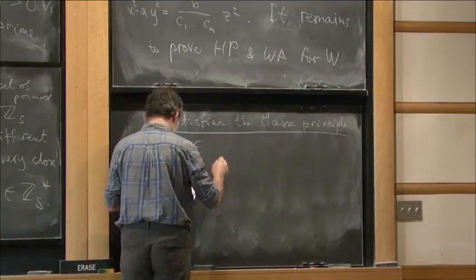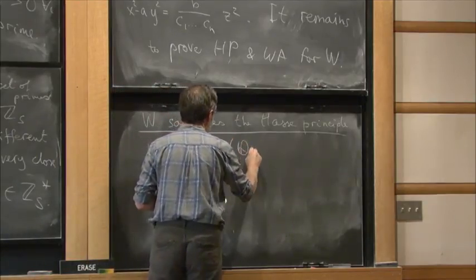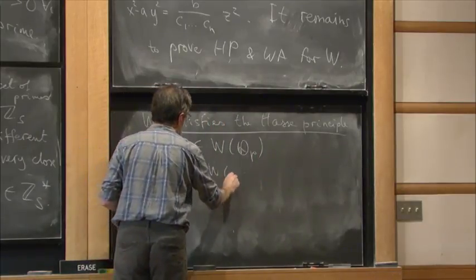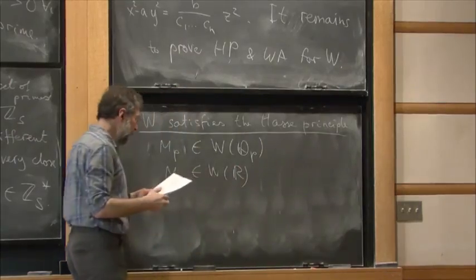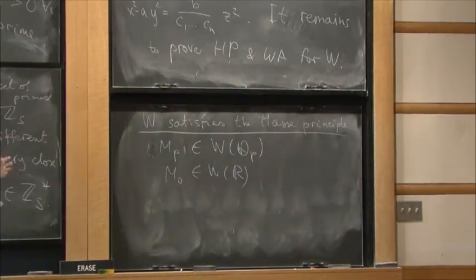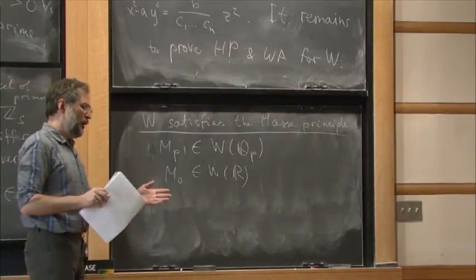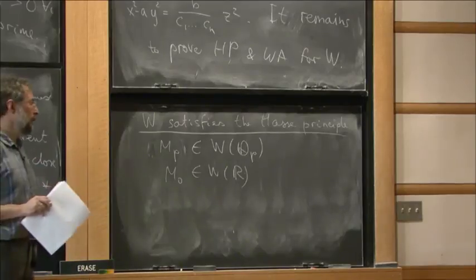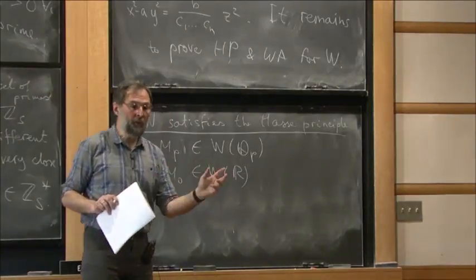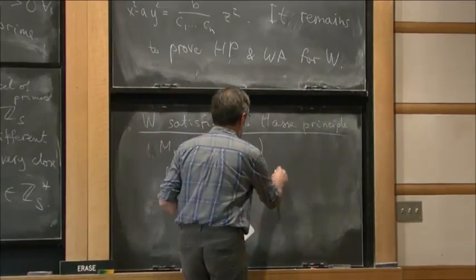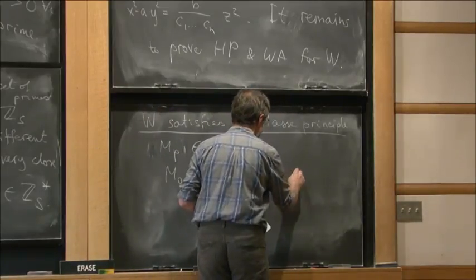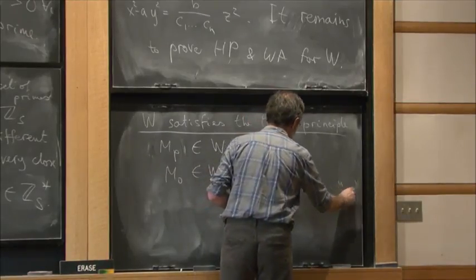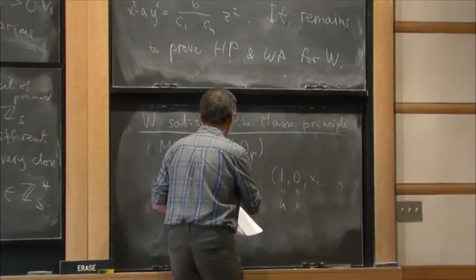So for each p, we're given a periodic point on W, and m_0 will denote a real point. And so it will have some coordinates u and v. Now we can just modify it a little bit, assume u and v are both rational numbers, and then change variables so that we can send this point on P1 to any point at P1, for example, to infinity. So we can assume, without loss of generality, this point is given by 1, 0, and then some x's and then some y's. So this is u and this is v. So I'm talking about the real point.